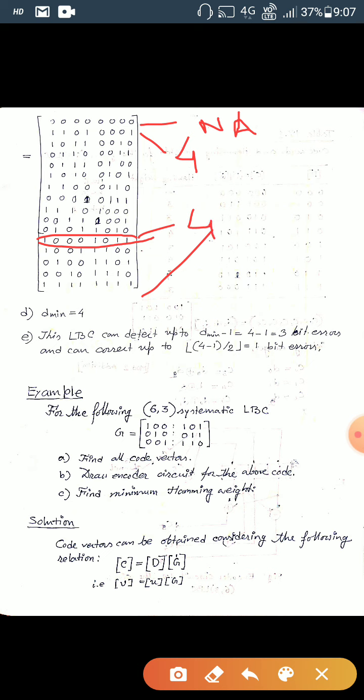If you consider the last one, how many ones are there, total 8, so you write down 8. If you write down the weight for each individual code word, the minimum one will be defined as 4, so d min is 4 here.